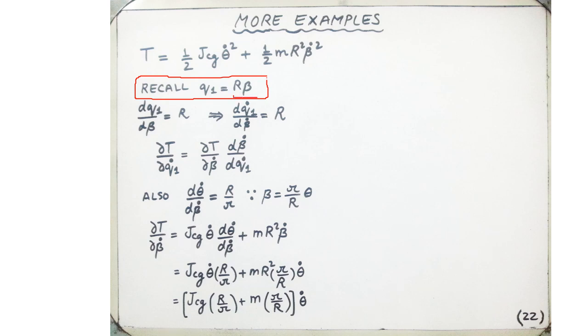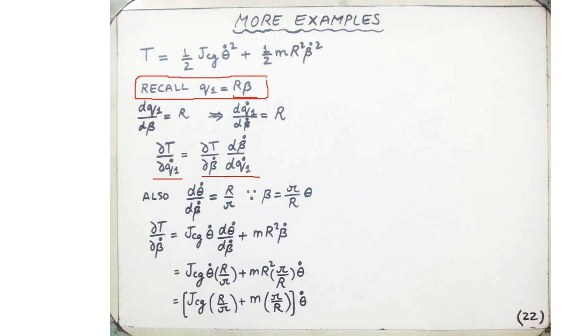We actually need to calculate the partial derivative of kinetic energy with respect to our displacement variable, that is q1 and its dot. So partial T over partial q1 dot. That can be computed with the help of a chain rule, because T is currently written as a function of beta and theta.